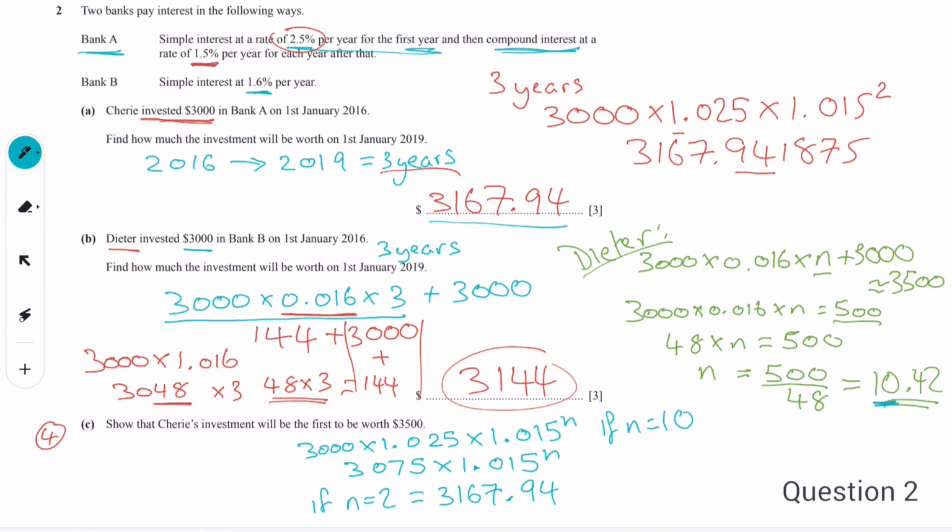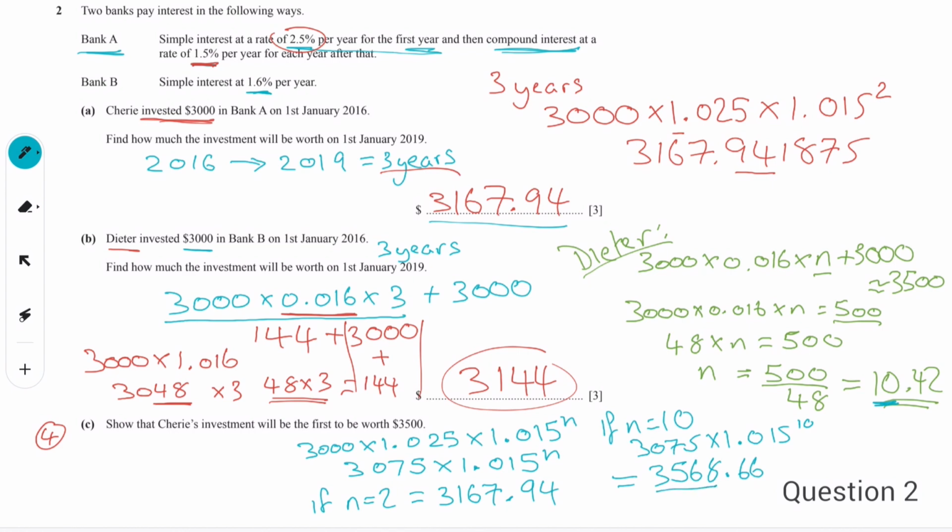So let's have a little look at this. 3075 times 1.015 to the 10, I get a value of 3,568.66.